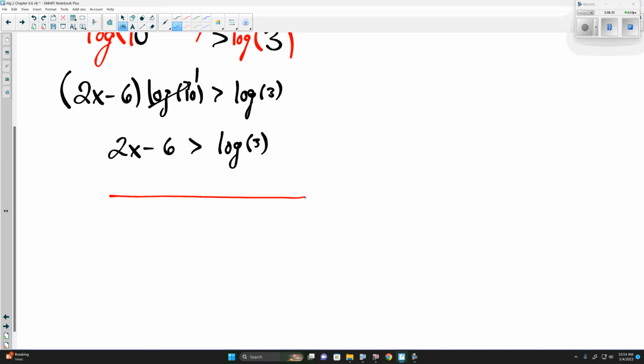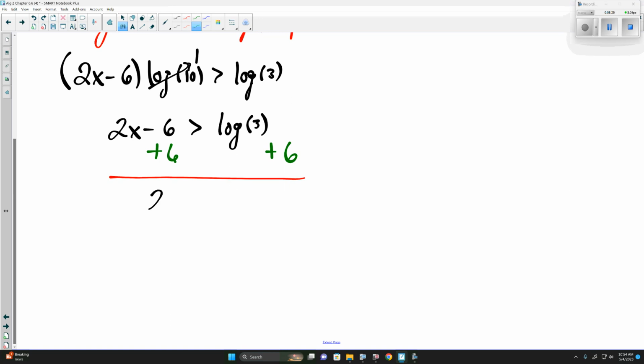So we will divide by 2 eventually, but I would also move the 6 first. Log of 3 plus 6.